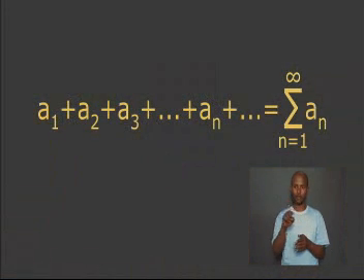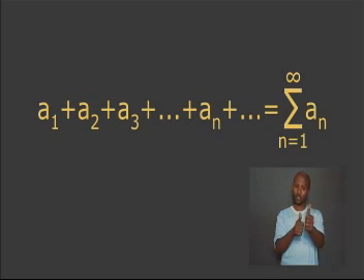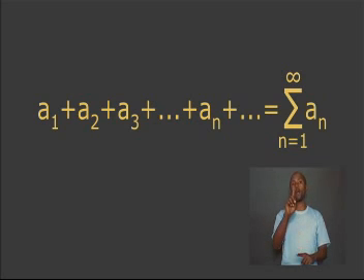It is denoted by the sigma notation as A1 plus A2 plus A3 and so on to AN equals the sum of AN, where n starting from 1 to infinity.